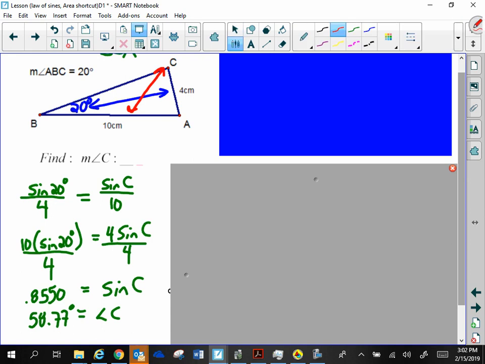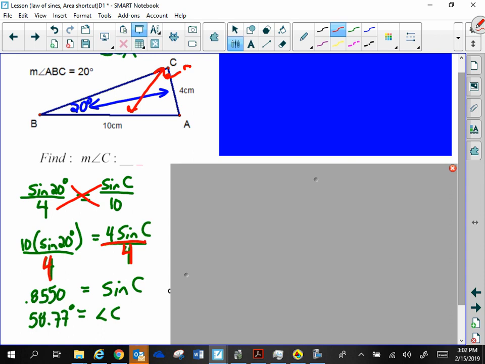I cross-multiplied, and once I was done cross-multiplying, I divided. That gives me 10 sine of 20, and then I divided both sides by 4, and I got 0.8550. Do the inverse sine on both sides, and I got a 58.77 degree angle.